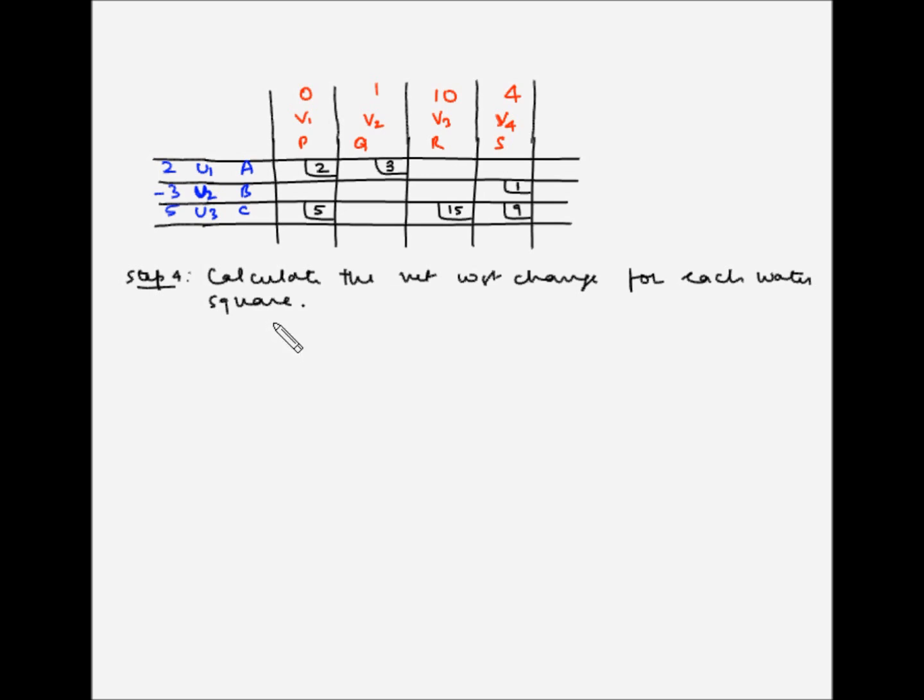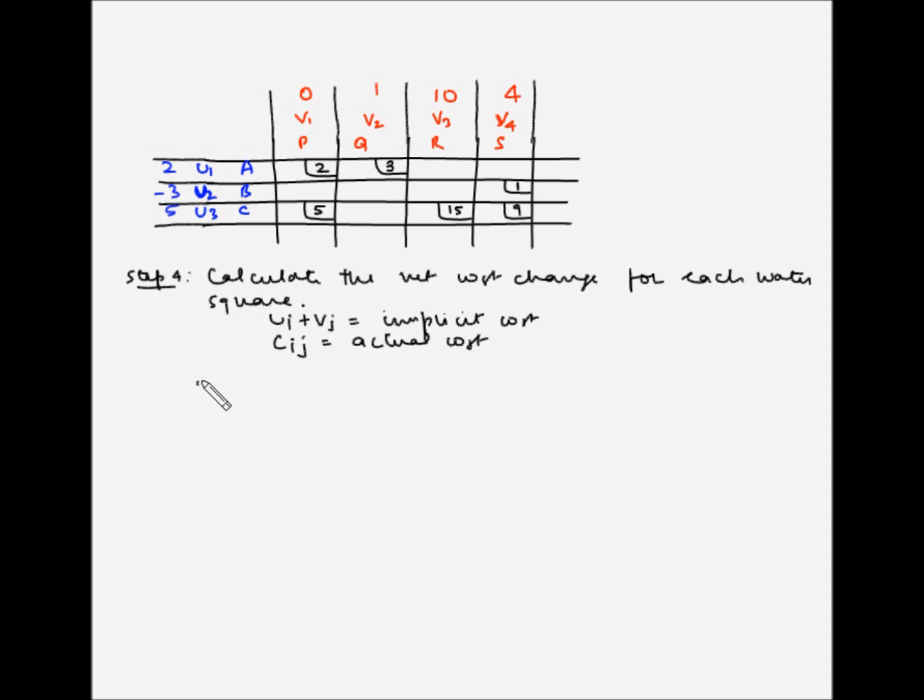So for the water squares, Ui plus Vj is considered as the implicit cost, while Cij is considered the actual cost.